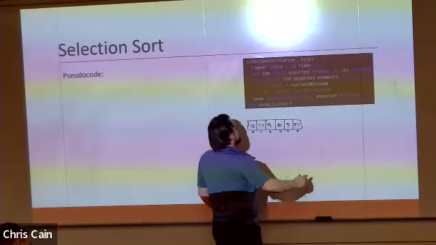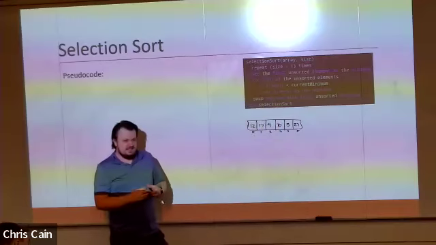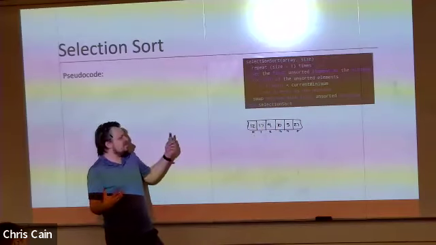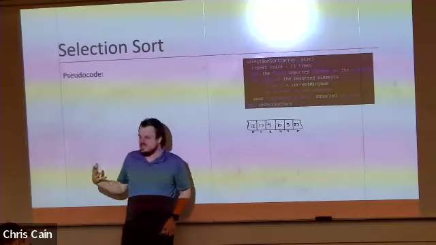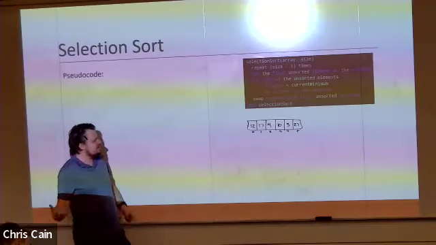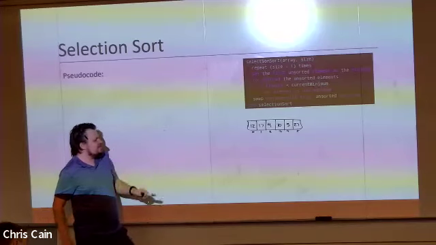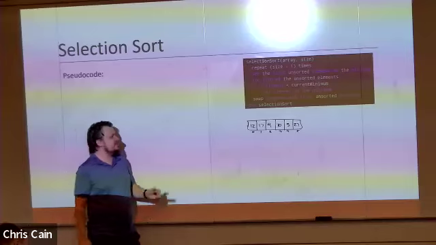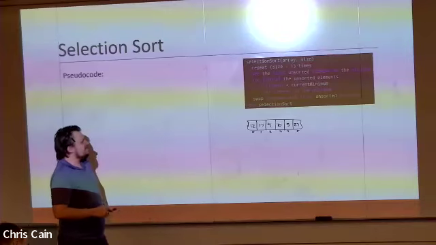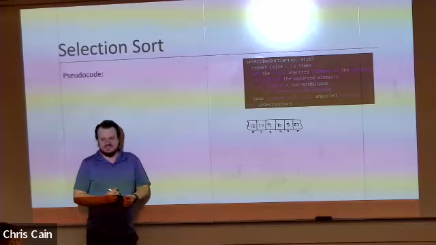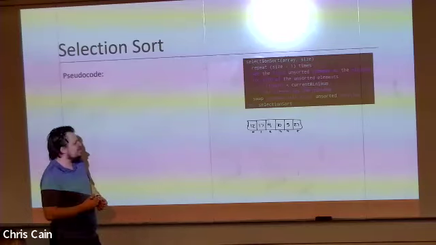So the variables we care about, let's go ahead and read the pseudocode. There's value in being able to read pseudocode and understand, okay, here's the idea of what this code is doing. So let's see if we can read that, understand it, and then come back to implement it with this example on the board. This says repeat size minus 1 times. So there are 6 elements in this list, so we're going to be repeating something 5 times.